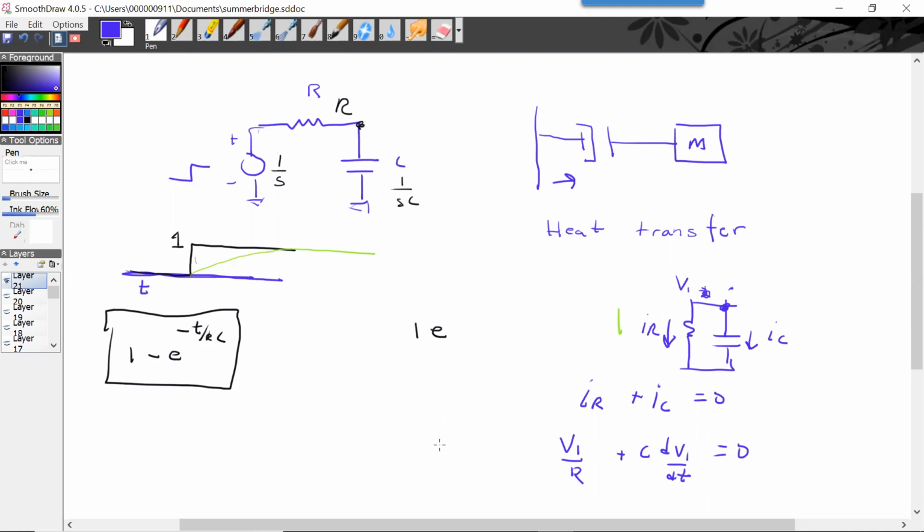Now I'm going to move things over here, where you get V1 equals minus RC times dV1/dt. Okay. So now you've solved for this, and essentially what you have is the function V1, a function in time, right? We just leave out the time, equal to the negative of its own derivative.